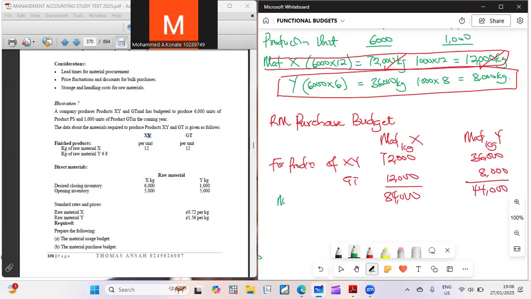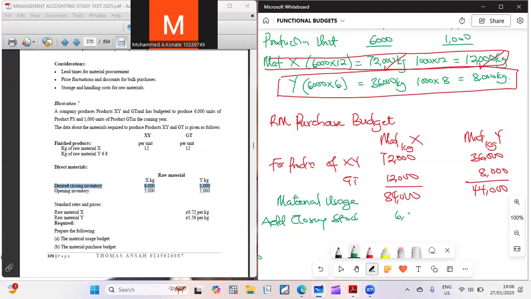Don't forget how we do the production budget. The material usage. Once you get material usage, what else do you do? You add closing inventory. What is the closing? We are told that the closing inventory for material X is 6,000.